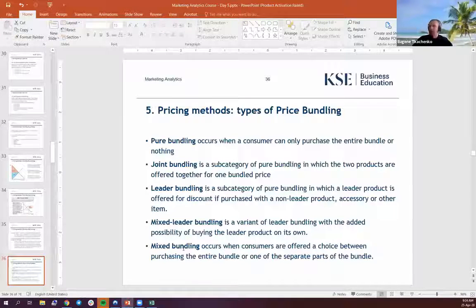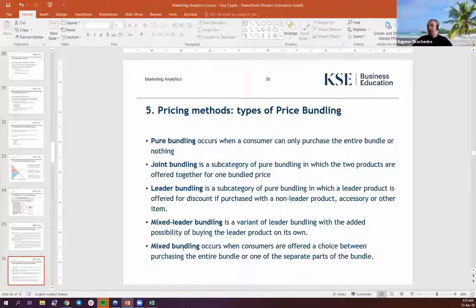Again, back to our printer and ink cartridges example: you buy a printer for a fixed price, but ink cartridge prices may be 20, 30, 40 or 50% lower than the base price. Mixed leader bundling is a variant of leader bundling, with the added possibility of buying the leader product on its own. Again, just a variation of how you can purchase things in the bundle.